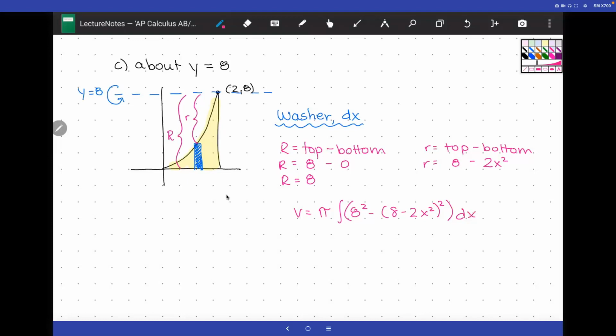We're along the x-axis this time because it's a dx problem. And make sure I got all the squareds where I need them. This one works out to be 896 pi over 15.